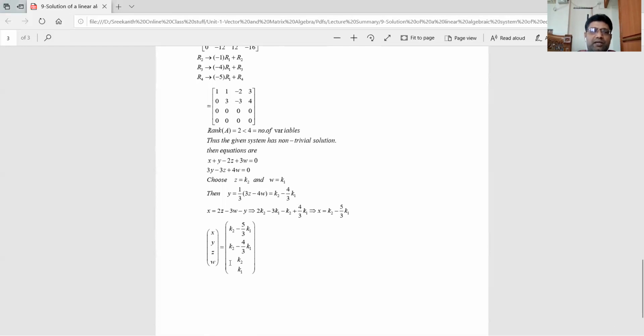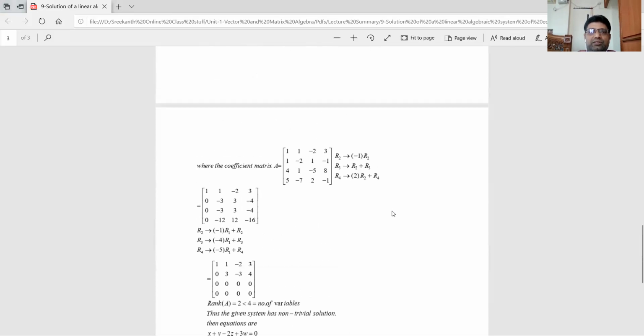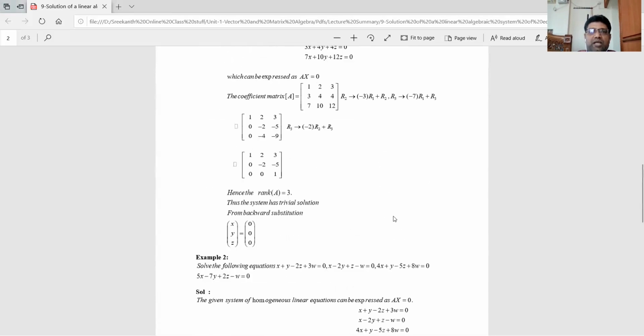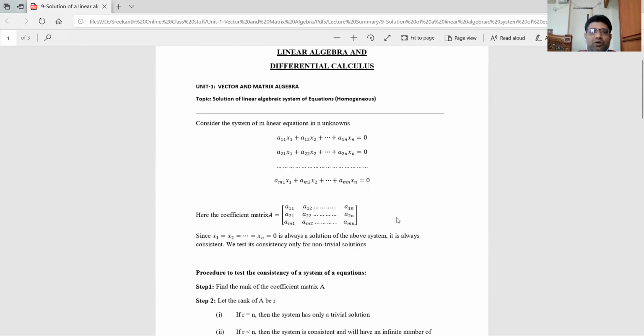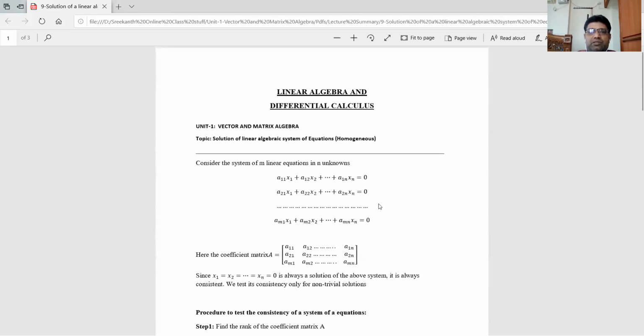Clearly the system has a non-trivial solution, and it also has an infinite number of solutions. I can choose k1 and k2 any values so that I can get infinite number of solutions. So this is the procedure to calculate the solution for a system of algebraic equations in the particular case of a homogeneous system. I hope you understood this session. Thank you.